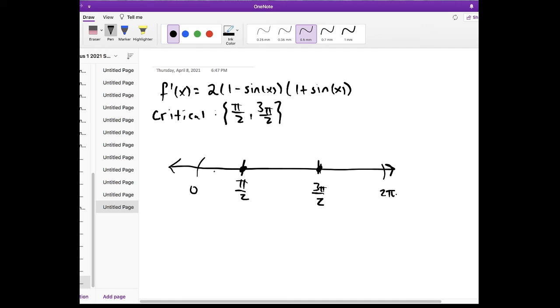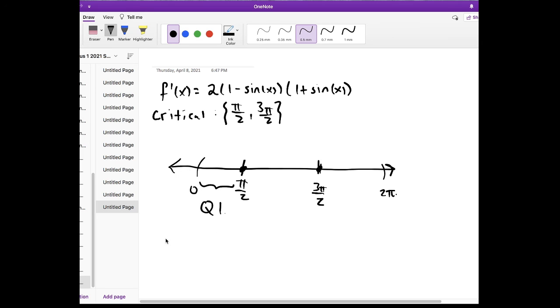So someone give me an in-between value between 0 and pi over 2. Or someone tell me why we don't need a specific value. What do you know about sine when you're in between 0 and pi over 2? What is this, first of all? In terms of quadrants, what is this? Yeah, this is quadrant 1.